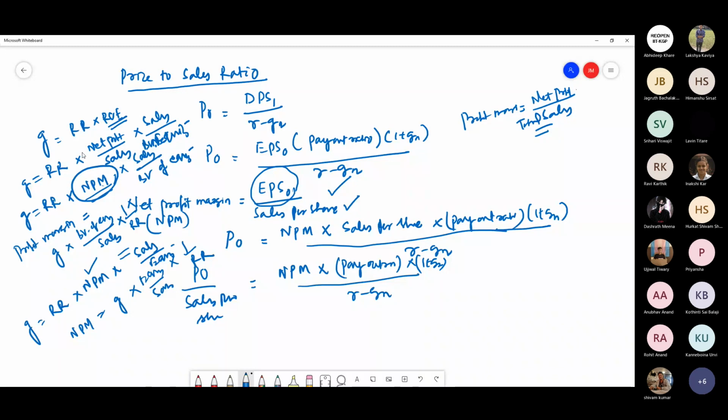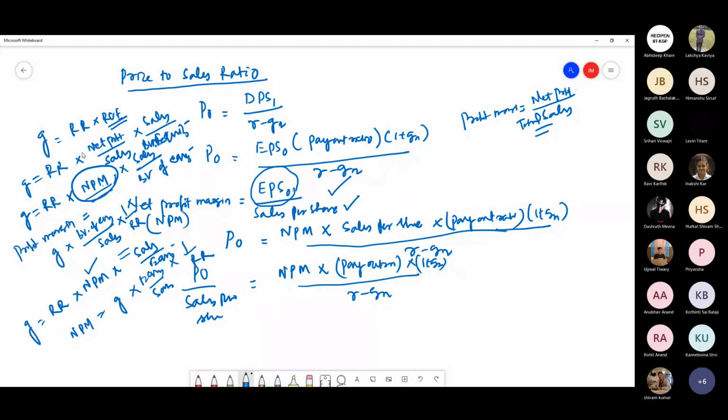So the profit margin can also be defined in terms of the growth rate and the retention ratio. Accordingly, the price to sales ratio is a very useful technique. And remember, the price to sales ratio can never be negative. That's the added advantage we can draw from this.